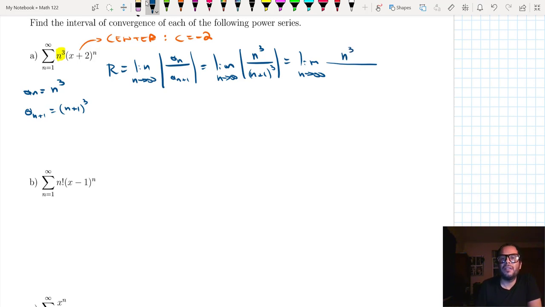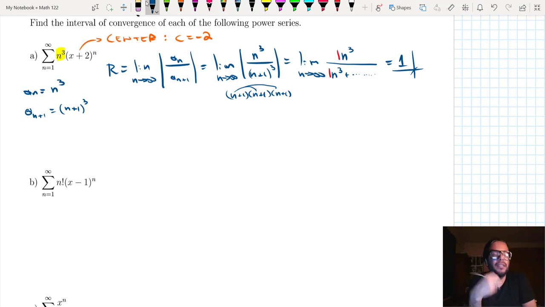If we were to FOIL this, n plus 1 times n plus 1 times n plus 1, we will multiply n times n, that'll be n squared, and then eventually we multiply that by n, so we are going to have n cubed plus garbage, plus a lot of terms. And notice in this case, we can just go with the ratio of the leading coefficients, which is 1 over 1, which is 1. That's the shortcut, if you will, to evaluate polynomial limits.